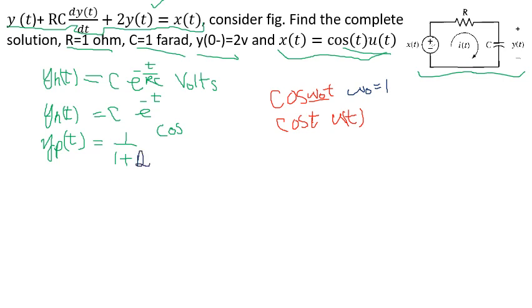So I'll get something like 1 over 1 plus (RC) squared, into cos of t, plus RC over 1 plus (RC) squared, into sine of t, right?